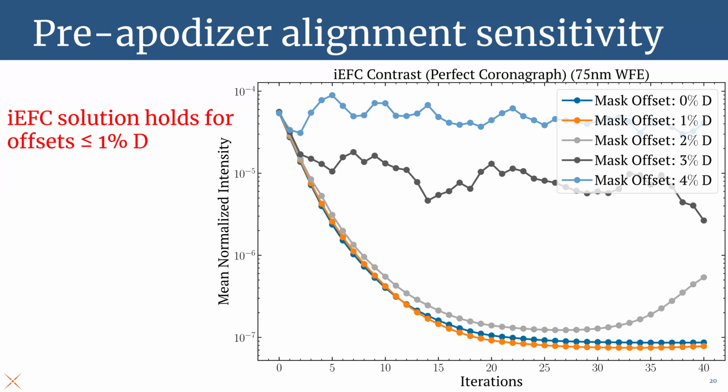This is also an issue at present with how we run iEFC on MagAO-X, because we're noticing that the bump mask for our internal source is slightly different from the one we use on sky. That affects our calibrations and ultimately the accuracy of our iEFC solution and the contrast we can reach.